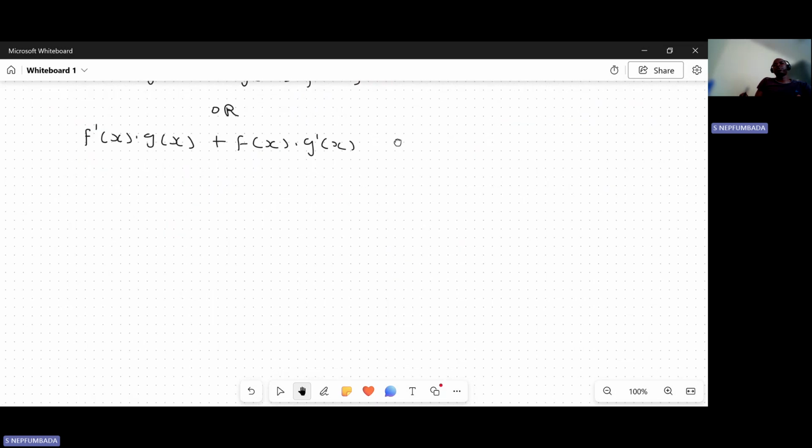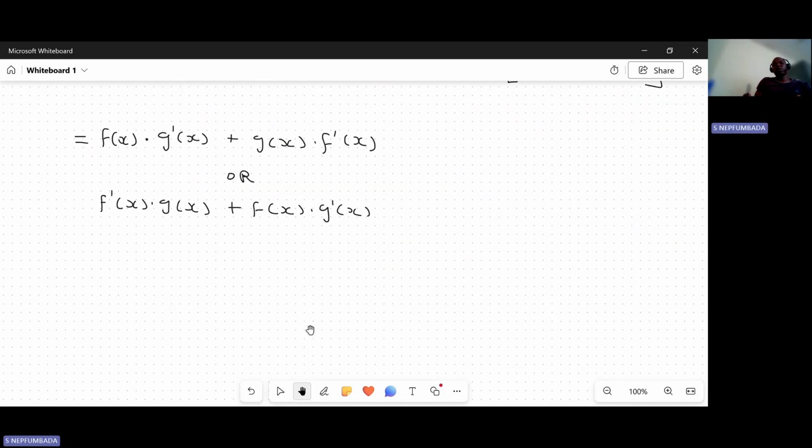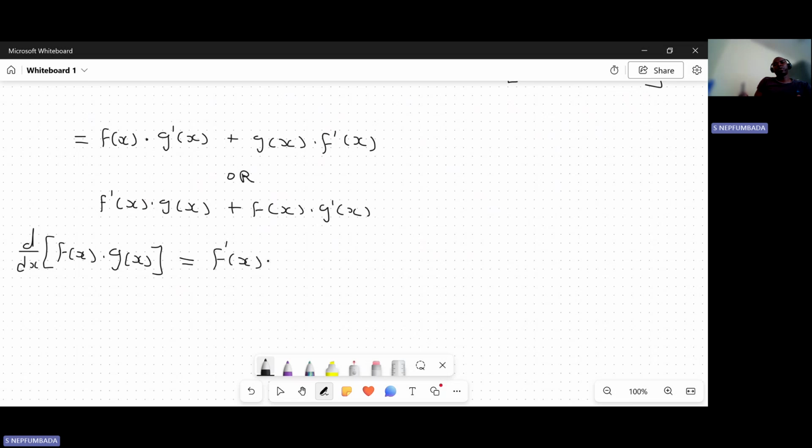Therefore we have proved that indeed the derivative of two functions multiplying each other, f at x multiplied by g at x, is the same as deriving the first, copying the second, plus, copying the first and deriving the second.